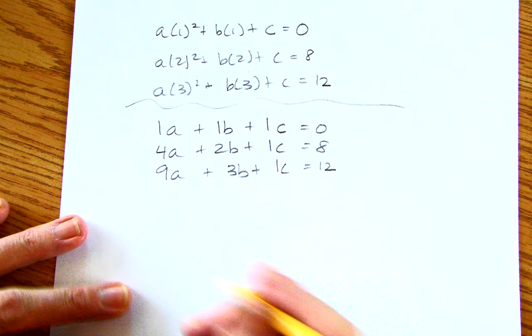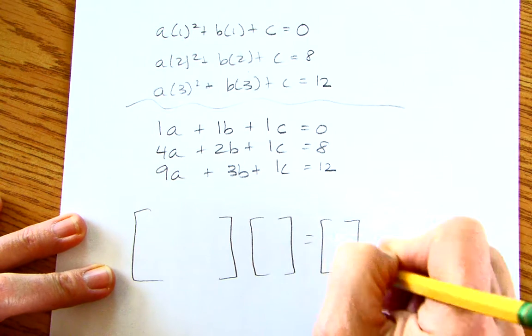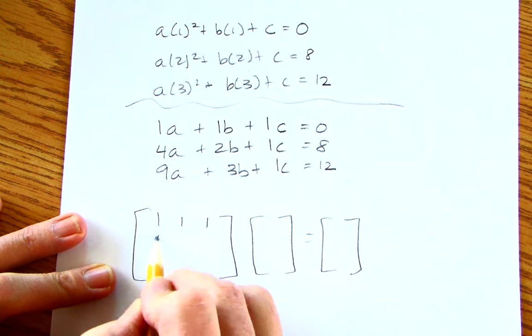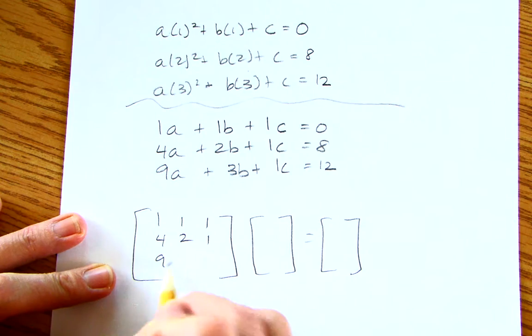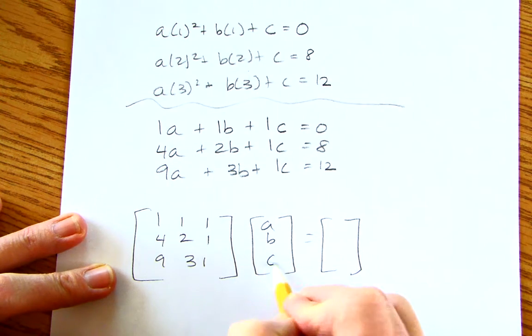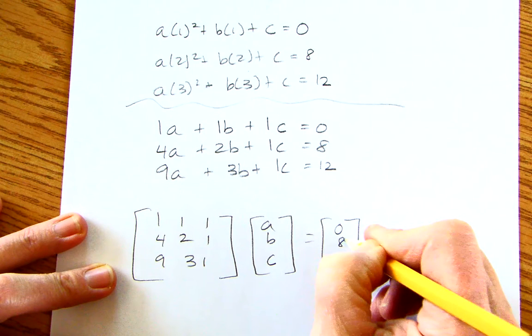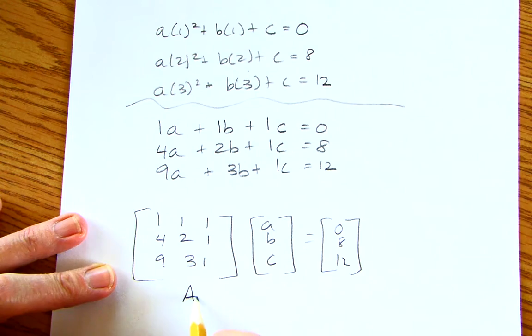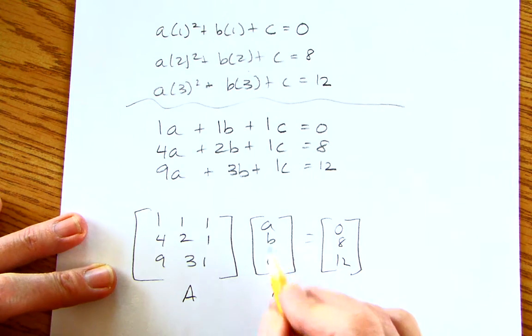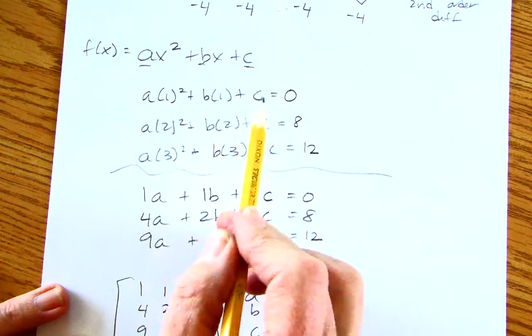So I set up my matrix situation. 1, 1, 1, 4, 2, 1, 9, 3, 1, times A, B, C, and I get 0, 8, 12. If I call this my matrix A, this is my unknown matrix. I'm looking for these coefficients, A, B, and C.